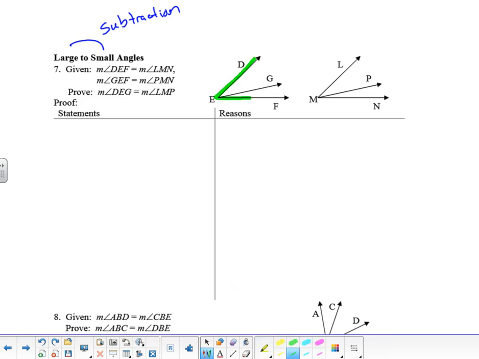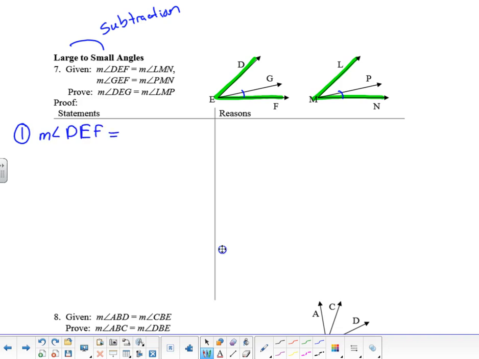So DEF, that's the big one, and LMN. Okay, given those two angles are congruent, and GEF, that would be this angle here and this angle, we're trying to prove that those two remaining angles are congruent. So we're going to use subtraction.